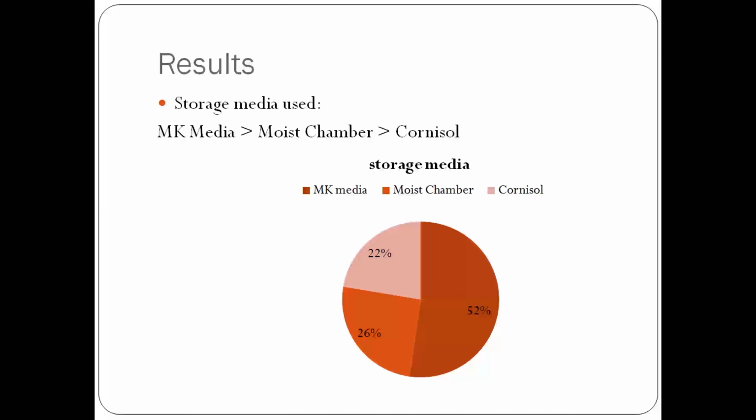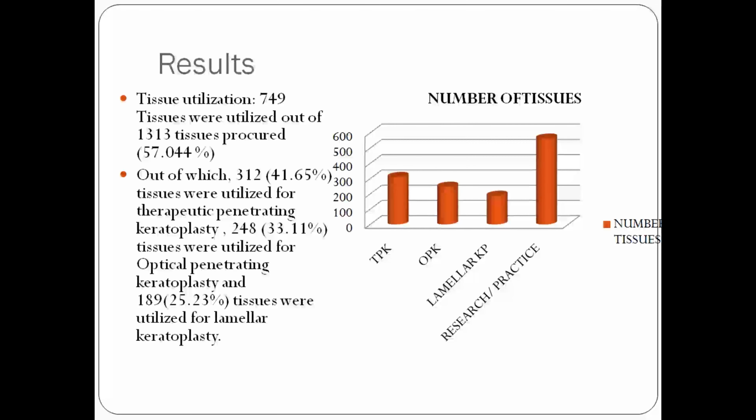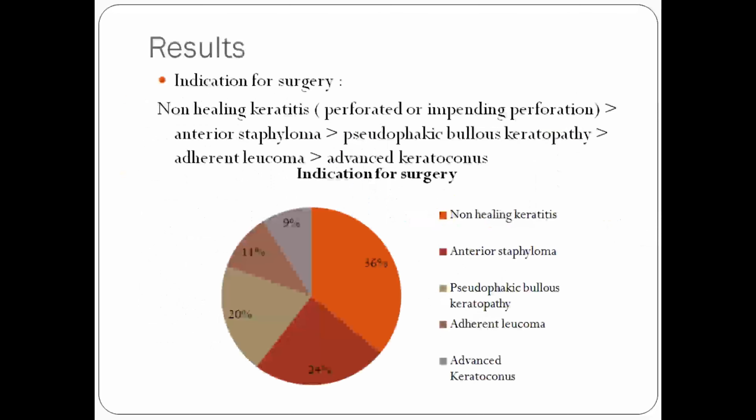Storage media used. Most commonly used storage media was MK media, 52%, followed by moist chamber, followed by cortisol. Tissue utilization. Out of the 1,313 tissues, 749 tissues were utilized, 57.04%, out of which 312 tissues were used for therapeutic penetrating keratoplasty, 248 tissues were used for optical penetrating keratoplasty, and 189 tissues were utilized for lamellar keratoplasty.